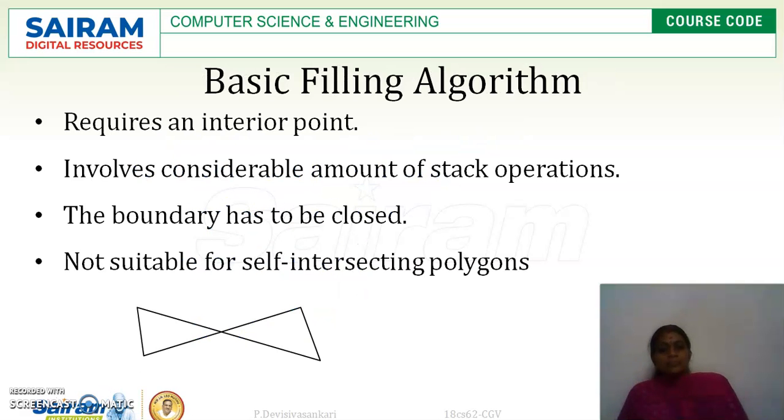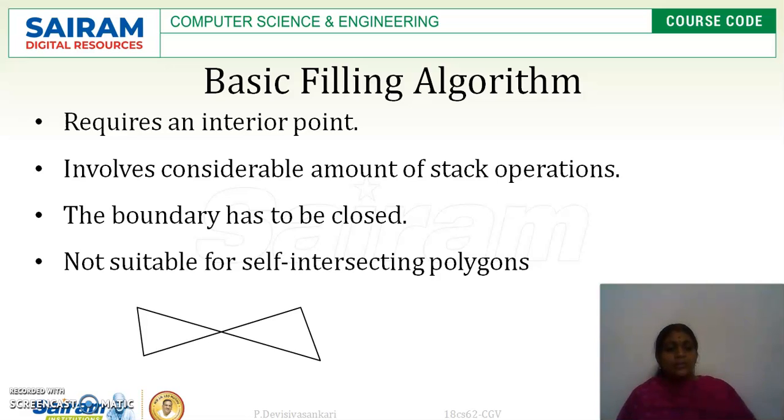Next, what are the requirements to fill a particular polygon? The very first requirement is that we have to identify the interior point. Once we finalize the interior point, it is very easy to fill the next pixels continuously. We set the pixel, then the x plus 1 value, x minus 1 value, then y plus 1 and y minus 1.